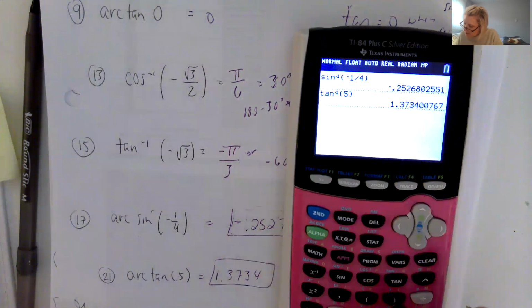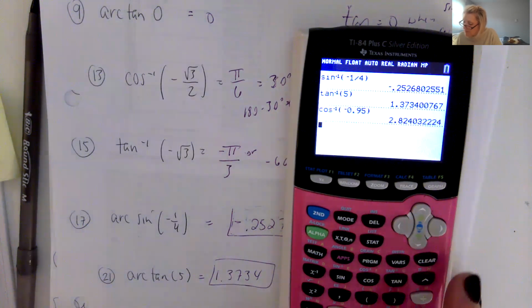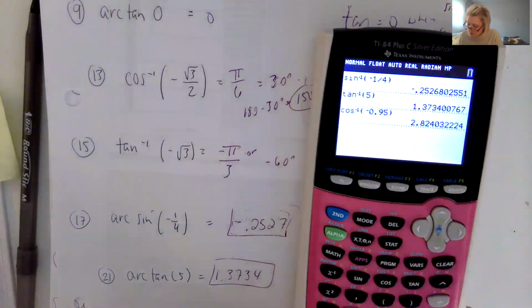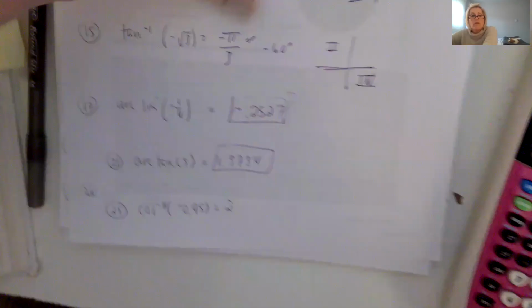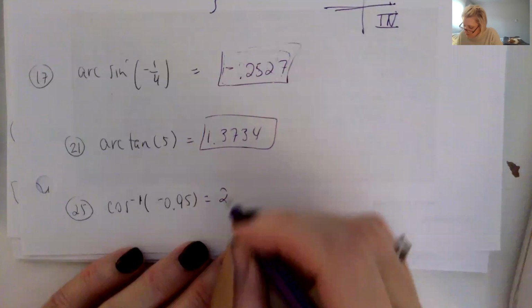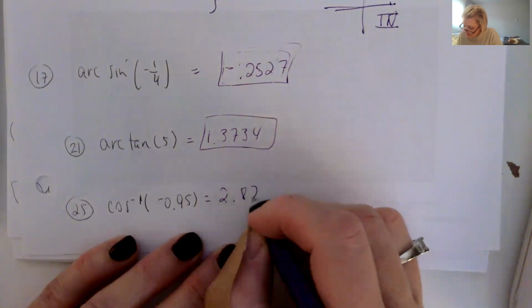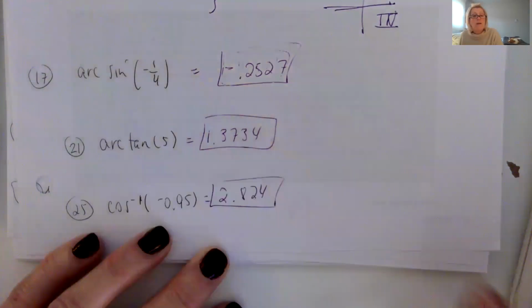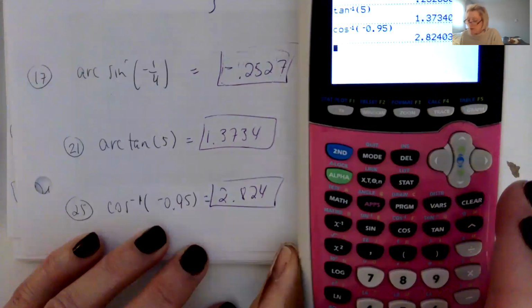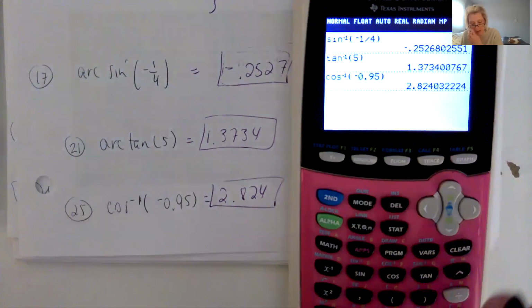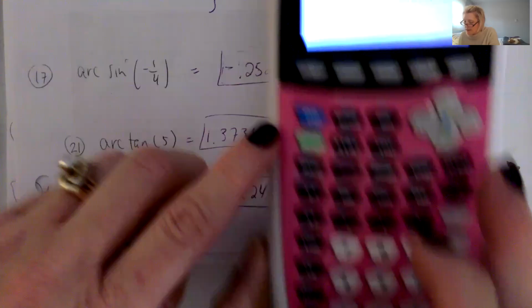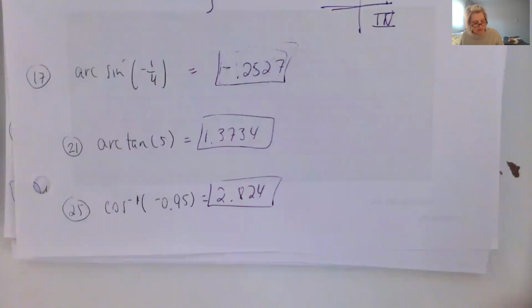So we get practice with that one, the arc cosine of negative 0.95. And that comes out to be 2.824. Inverse cosine of negative 0.95. So remember, you're using your second key because we're using the arc.